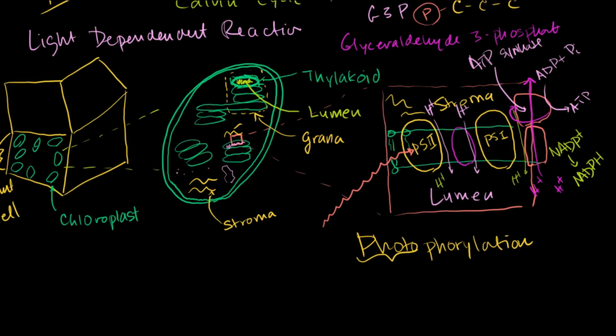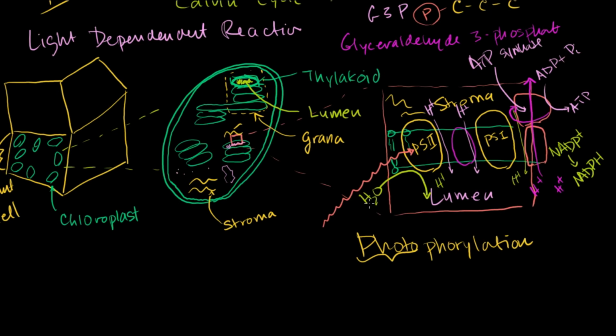It turns out that we literally use the electrons in water. So over here, you have H2O, and H2O donates the hydrogens and the electrons with it. You can imagine it donates 2 hydrogen protons and 2 electrons to replace the electron that got excited by the photons, because that electron got passed all the way over to photosystem 1 and eventually ends up in NADPH. So you're literally stripping electrons off of water.